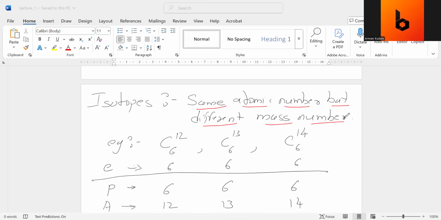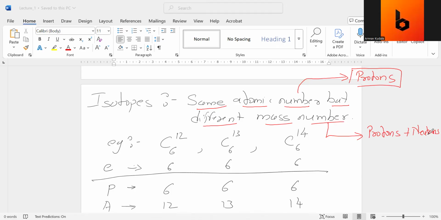Now, you already know that atomic number is the number of protons in the nucleus, correct? And mass number is the number of protons plus neutrons, correct?